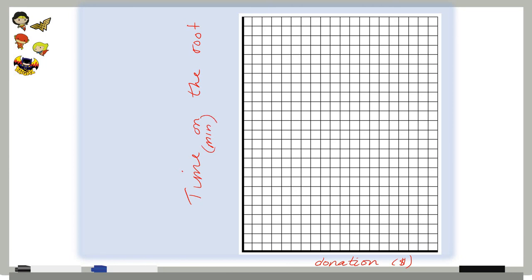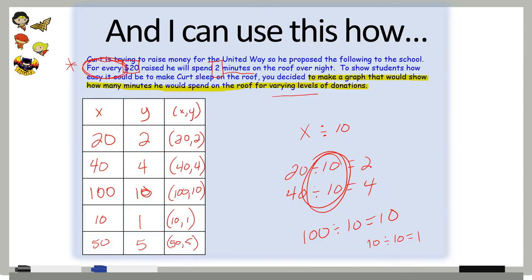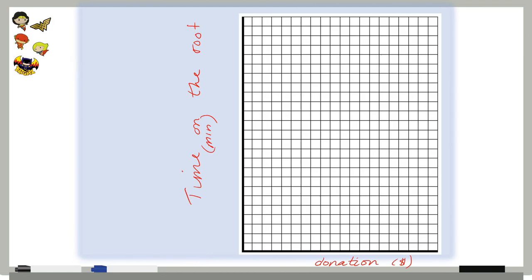Now if I count by ones on this bottom line, I'm going to run out of space real quick. So instead of counting by ones, I'm going to count by tens. Counting by tens is going to allow me to have more information in my graph. So this first one is going to be 10, and then 20, and then 30.